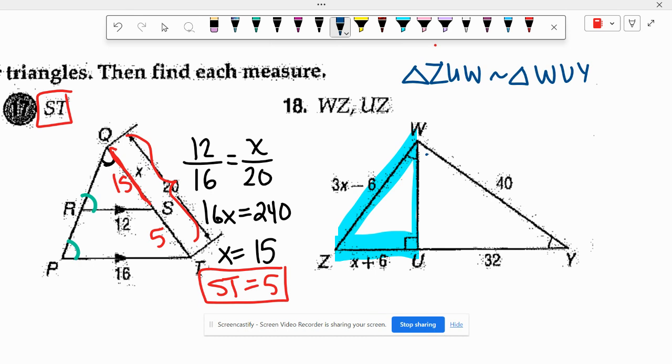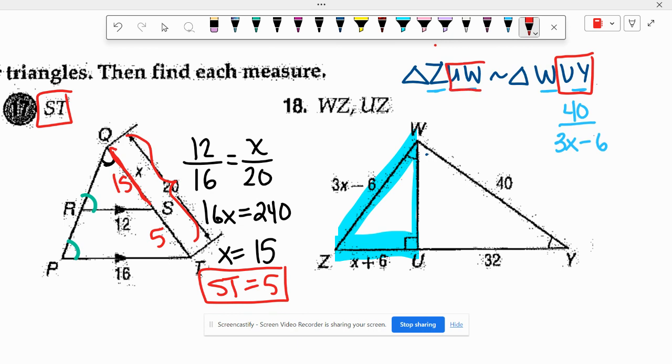So let's see some measurements. What do we know? We know that WY is 40. That's the first letter and the last letter. What can I compare that to? Well, do we know what ZW is? 3x minus 6.